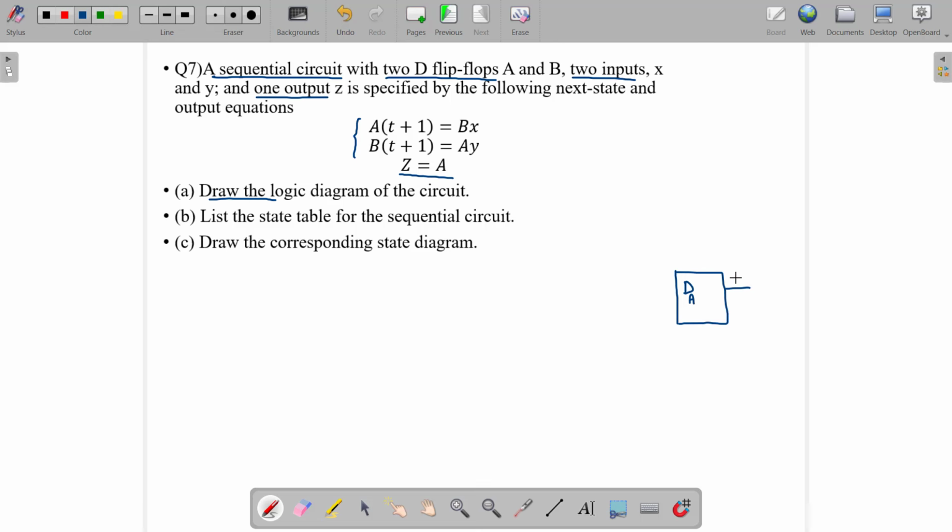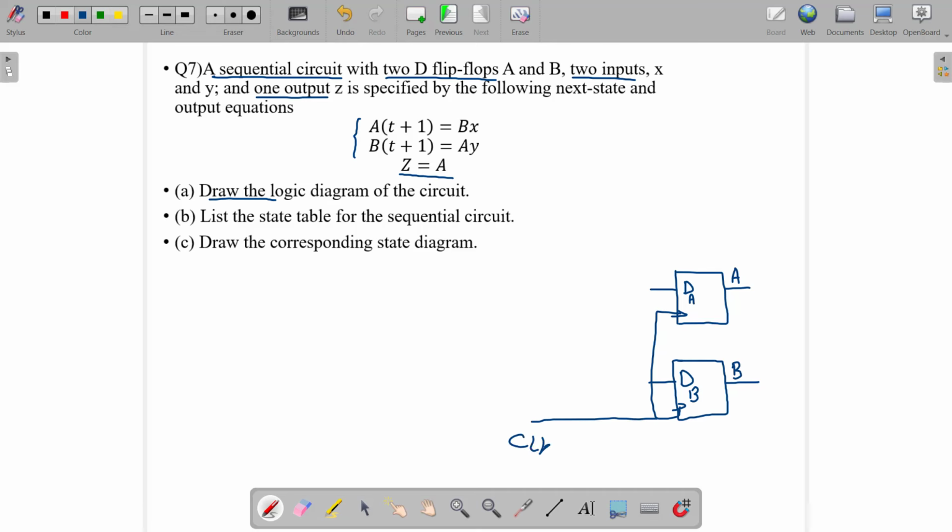This is the A. And the second one is the second flip-flop, DB, with the output of B. Now, because we know that Q(t+1) is equal to D for the D flip-flop, A(t+1) is equal to DA, B(t+1) is equal to DB. So we have the clock for both of them connected to the same.